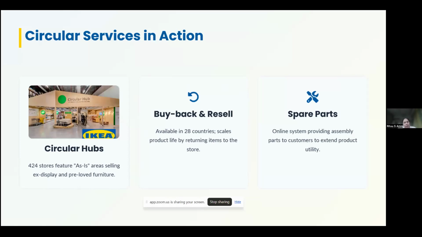Even if I was not buying it earlier, if I have this facility, I will definitely give it a try. Why not? I mean, everybody will want to change the furniture after some time. So available in 28 countries, and it extends product life by returning items to the store. Spare parts, an online system providing assembly parts to customers to extend product utility.